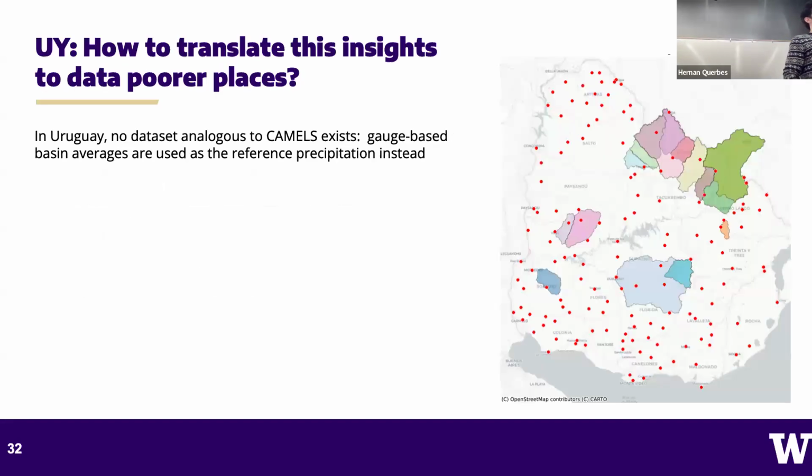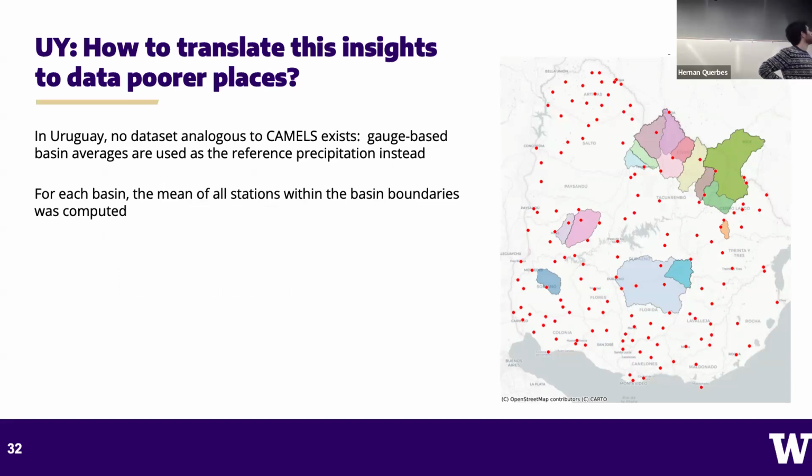So now, what happens with places that have poorer data quality? This is the case for Uruguay, where we don't have the CAMELS dataset. What I've done for Uruguay is to look at the precipitation stations that we have and build a time series of gauge-based observations.